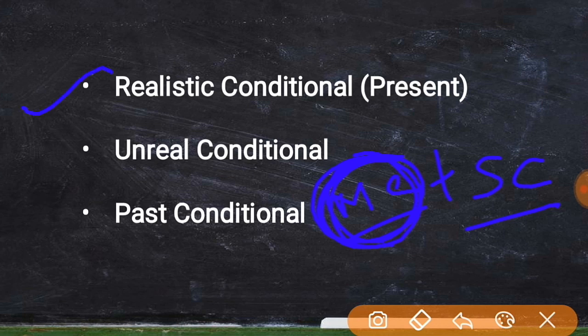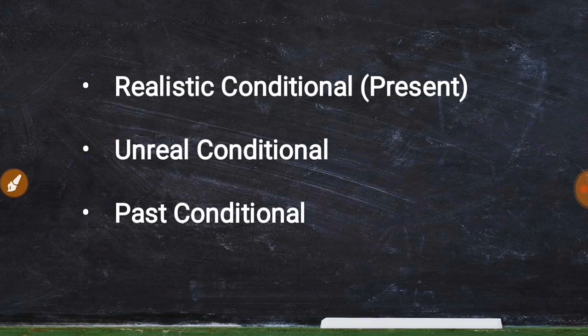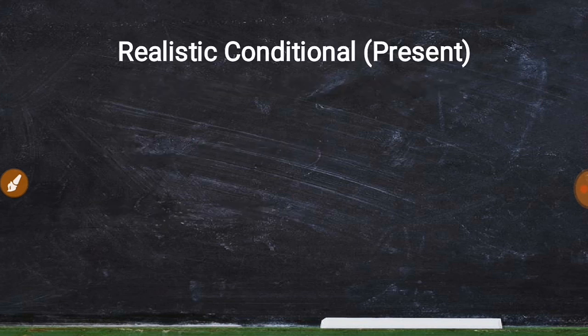In the unreal condition, the main clause is in the simple present or present indefinite, and in the past conditional, it is in the past perfect form. And the next part is the subordinate clause, which is according to the sense. So let us discuss these three types of conditional sentence one by one, and see what the structure is and how it is formed.